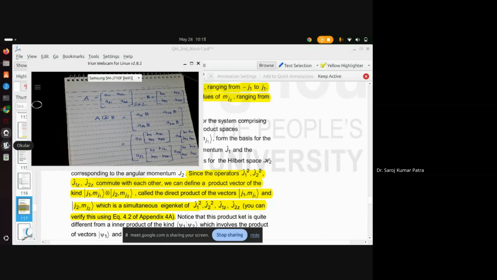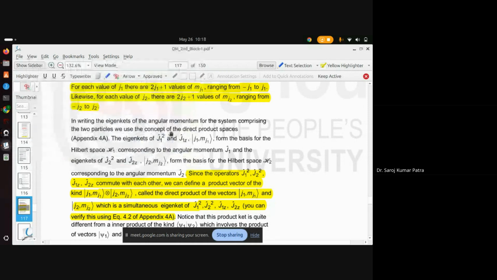यहाँ पे हम बोल रहे हैं क्या कि ऑपरेटर्स J1 square, J2 square, J1Z, J2Z commute with each other. So we can define a product vector of the kind: स्टेट वेक्टर फर्स्ट, जो फर्स्ट स्टेट वेक्टर है J1 MJ1 का, उसका आउटर प्रोडक्ट लेंगे J2 MJ2 के साथ. ठीक है.